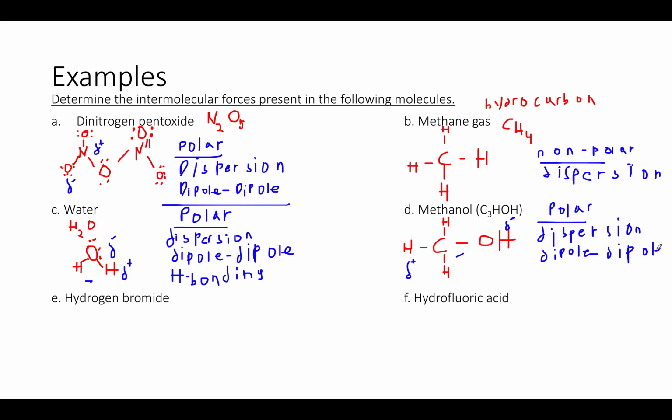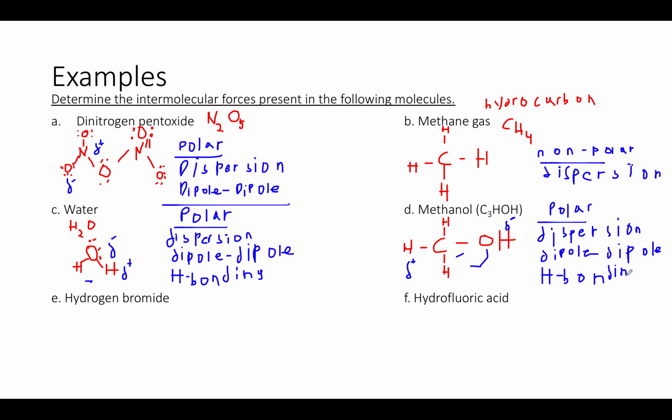Hydrogen bonding, yes. You have an oxygen here, a hydrogen here. These could form a bond in between here where you have hydrogen bonded to oxygen, electronegative. So yes, you have hydrogen bonding. So methanol also attains the trifecta, meaning it's a very strong bond.